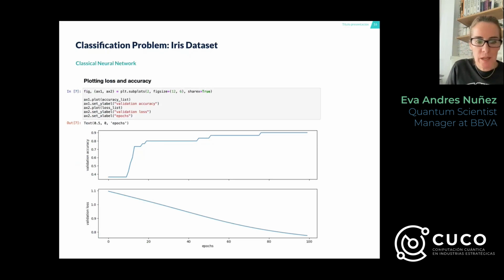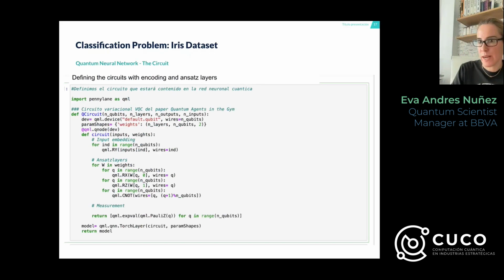So at this point, we are going to develop the quantum neural network. As you can see, we import the PennyLane library. After that, we define the quantum circuit, where, as you remember, we have to implement the embedding or encoding layers, or the feature map layers.